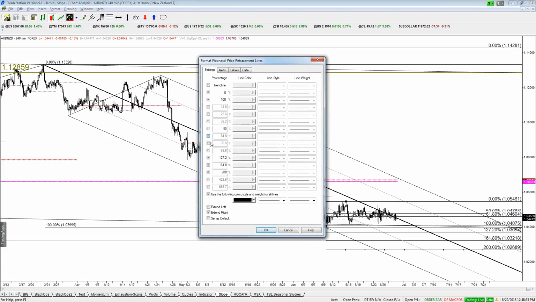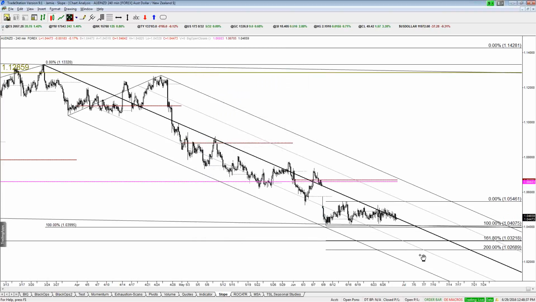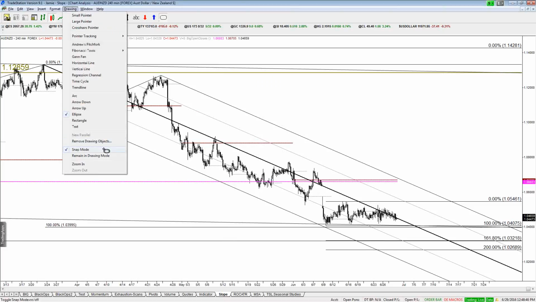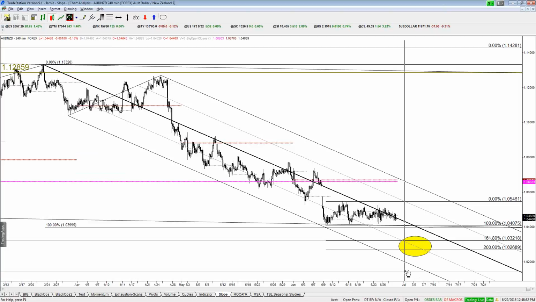I measure the targets as the 618, 1618, and 200% extensions of the triangle, and that gets you 103.20, which is 76, and finally 102.70. So you might end up getting a final low for this move down on this 50 line in one of these levels here.